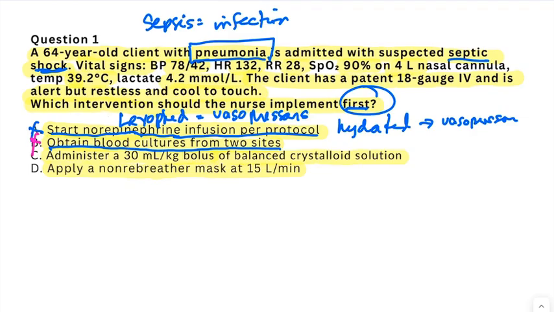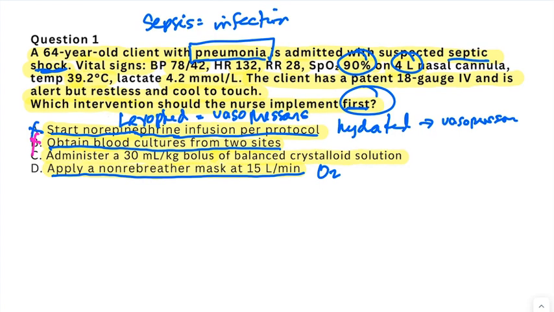Now, let's go to letter D before we go to the correct answer, which is letter C. It says apply non-rebreather mask at 15 liters per minute. Now, we see an oxygen saturation at 90%, and it's already at 4 liters. So there is really a tendency that we need to start oxygen on this patient.